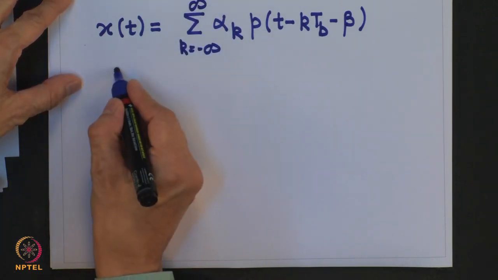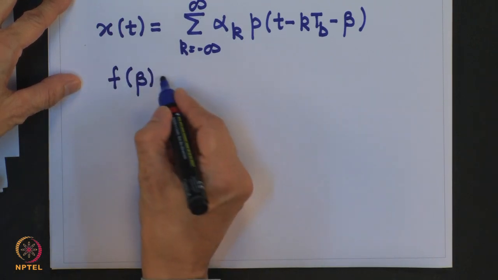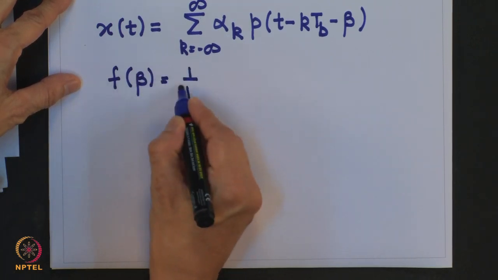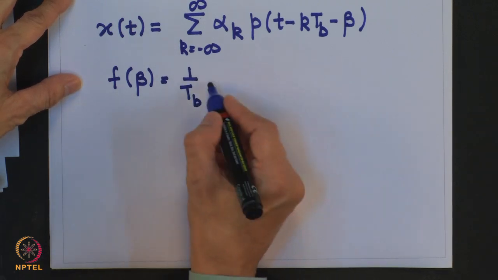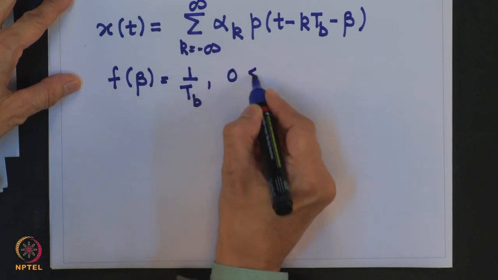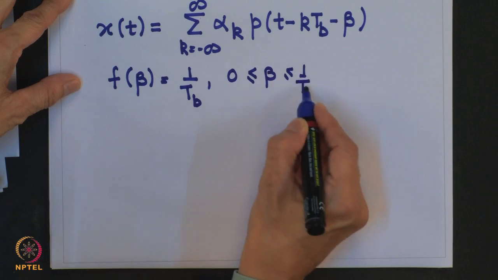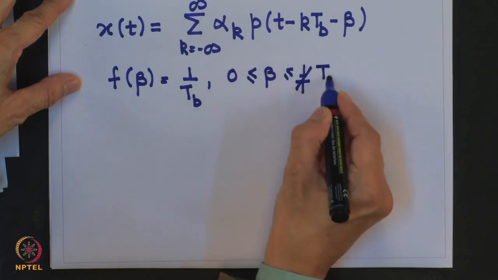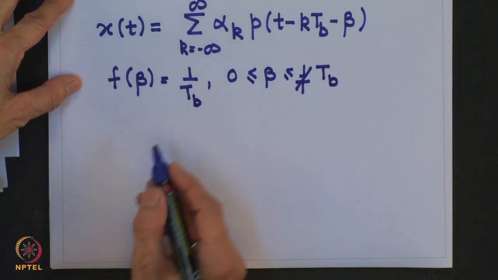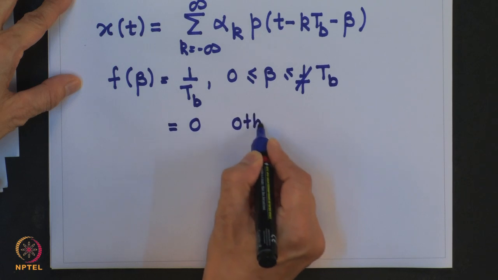Now, let us assume that the PDF of this beta is uniform and the value can be anything between 0 to TB, and is equal to 0 otherwise.